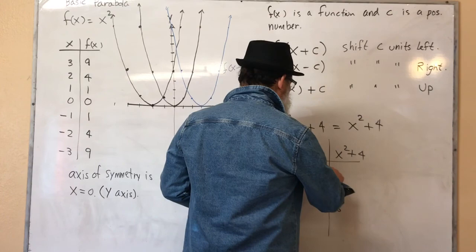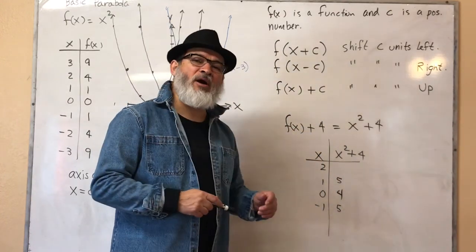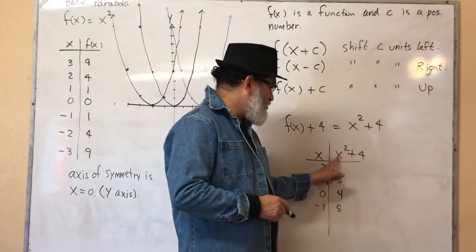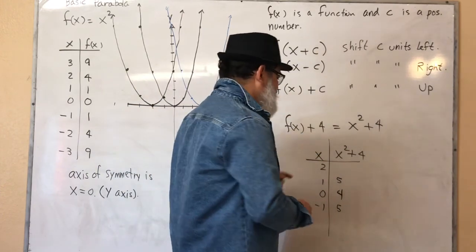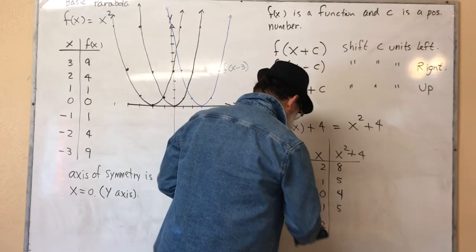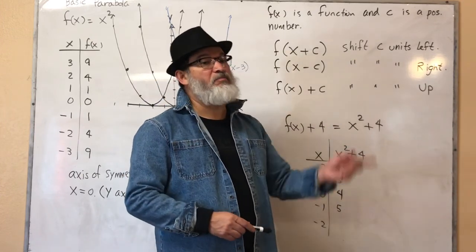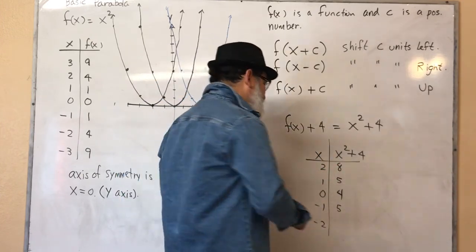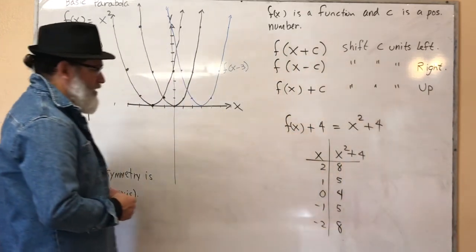If x is 2, what's 2 squared? 4. Plus 4, 8. If x is negative 2, what's negative 2 squared? 4. Plus 4, 8 again. Okay? All right.